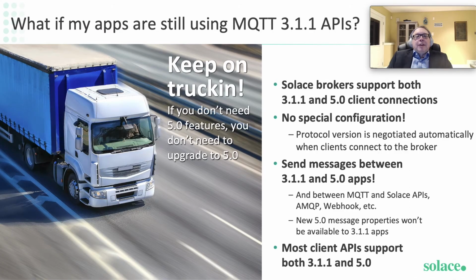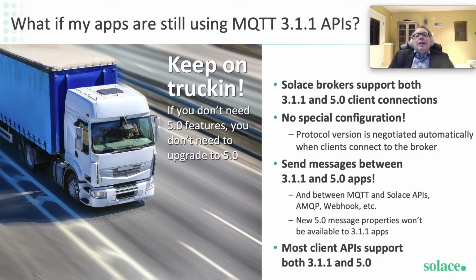Now you might be thinking, well, MQTT 5 sounds pretty good, but I've got thousands of apps deployed that are already using MQTT 3.1. So what am I going to do about those? The good news is you don't have to do anything. If those apps and those devices are doing what you need, keep them on 3.1.